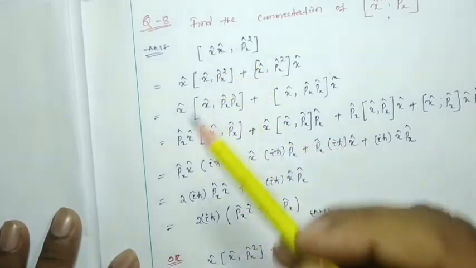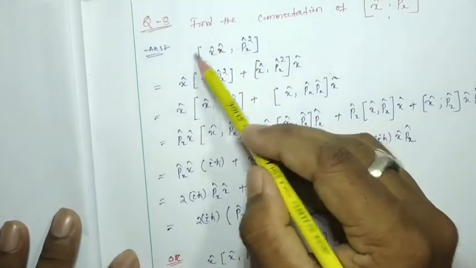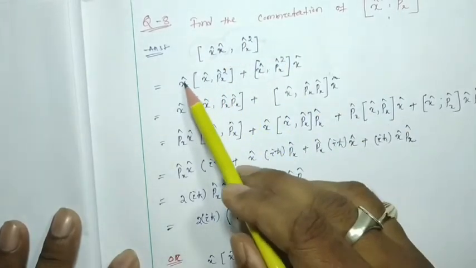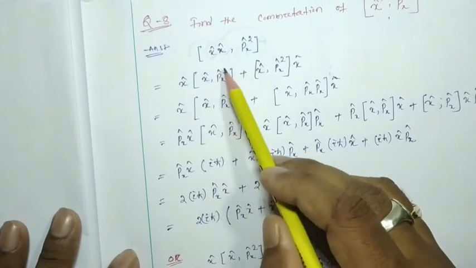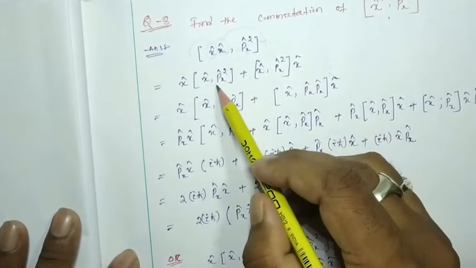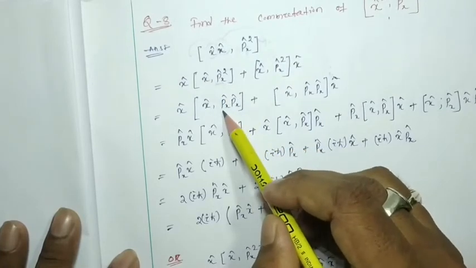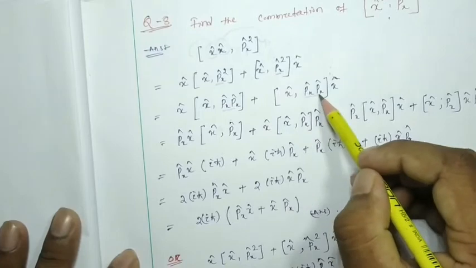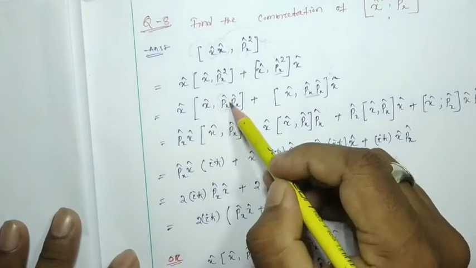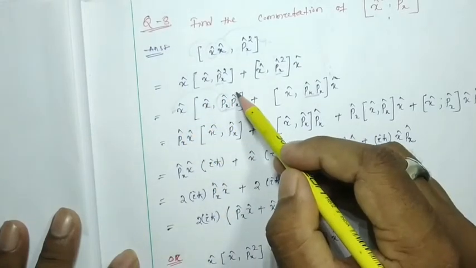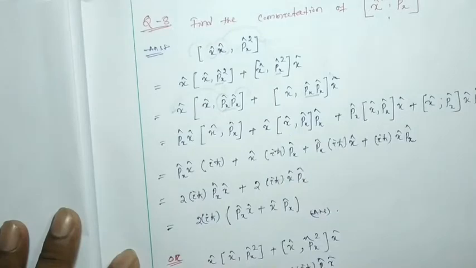So this can be written as, this x cap will be moved towards the left and this x cap will be moved towards the right. Then this will be x cap, commutation of x cap px cap square plus x cap px cap square x cap. Then again px square can be written as px cap into px cap. So this px cap will be moved towards the whole left, and this will be moved towards the whole right.